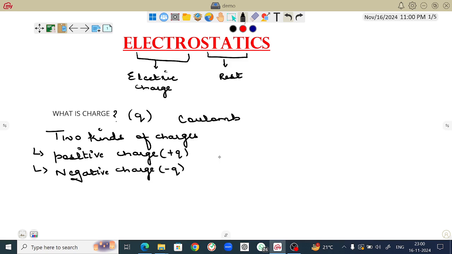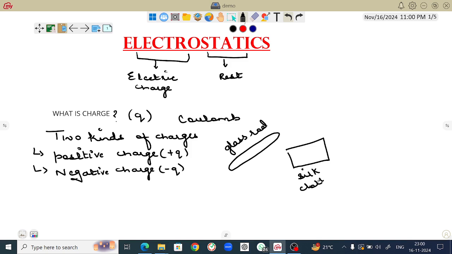Now the question arises in our mind: how were these charges developed? These charges were developed during rubbing. For example, when a glass rod is rubbed with a silk cloth, the glass rod develops positive charge while the silk cloth develops negative charge.